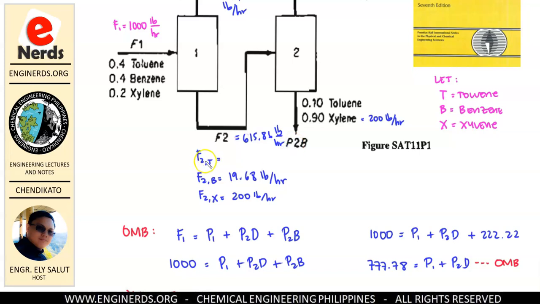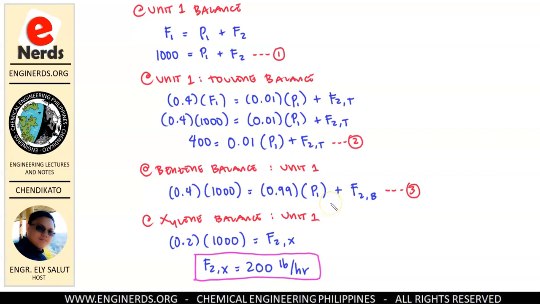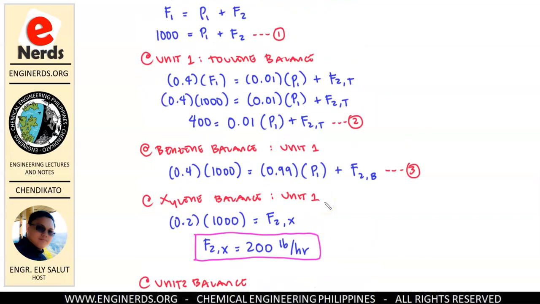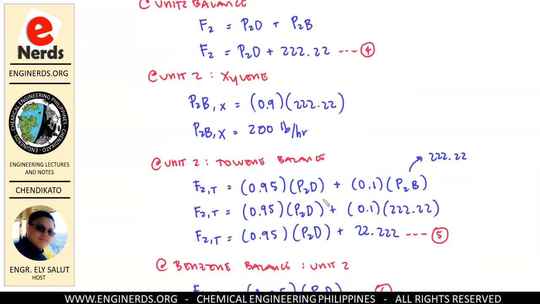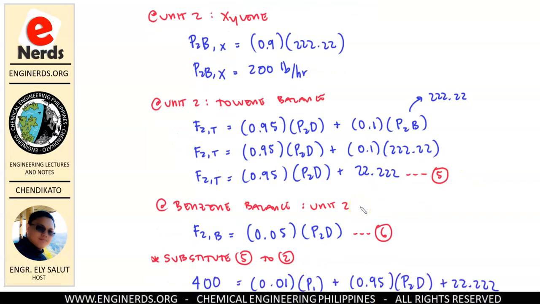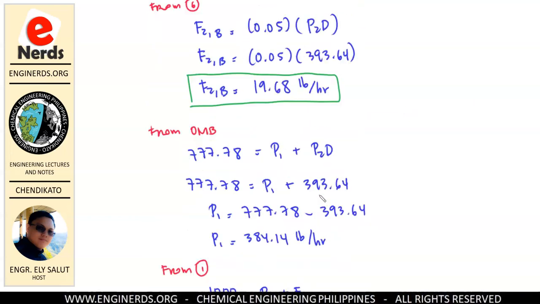So hindi na lang natin alam is yung F2T. But we already have this equation here sa unit 2 Toluene balance. Meron tayo niyan dito. F2T, saan nga ba yan? This one. Equation 5. We have F2T is equal to 0.95 times P2D, okay, plus 22.222. Okay, so let me use that.